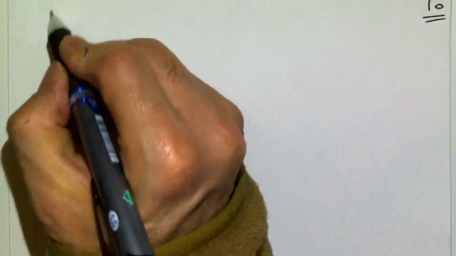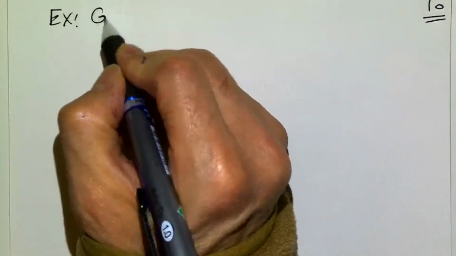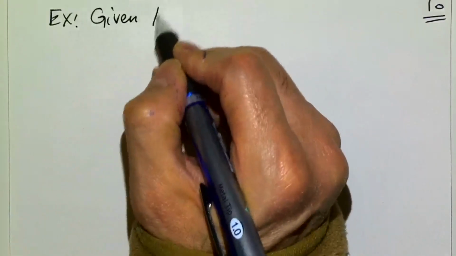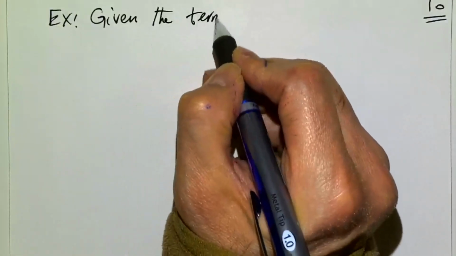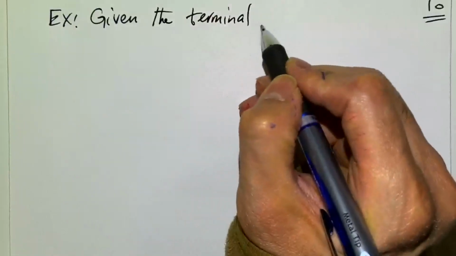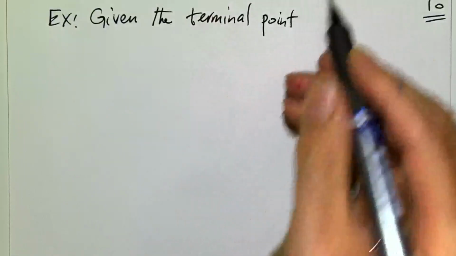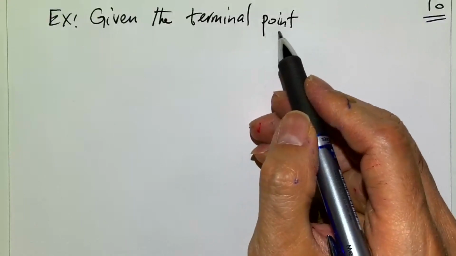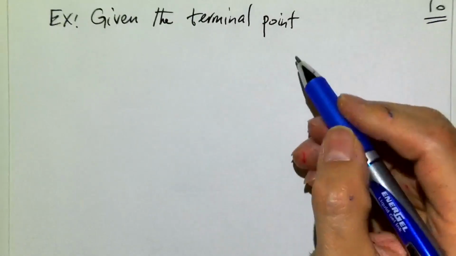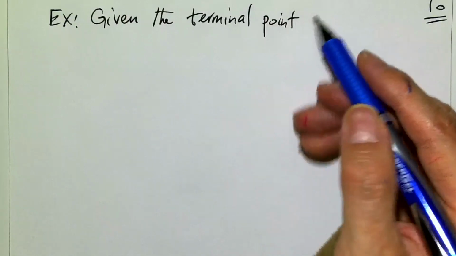It says, given the terminal point, we know about terminal points, right? We learned about these in section 5.1.